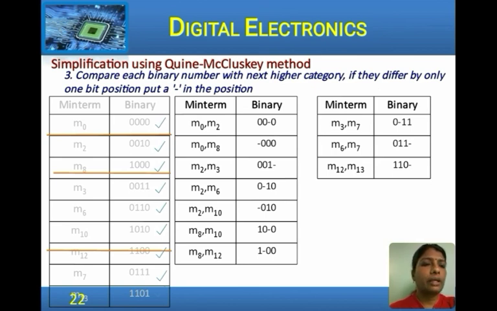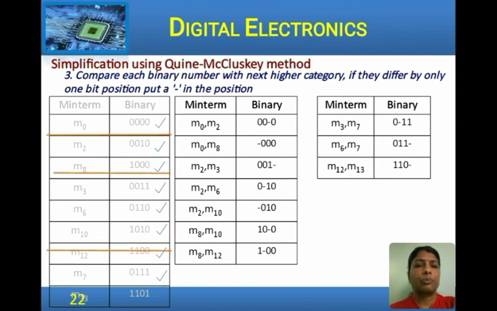So, group them together. M0, M2 can be represented as 0 0 dash 0. In the bit position where it varies, put a dash and tick mark both the minterms. Next, compare M0 with M8. Again you notice the first bit position on the left is varying, and the rest are all common. So, we can club M0 and M8 and write as dash 0 0 0.